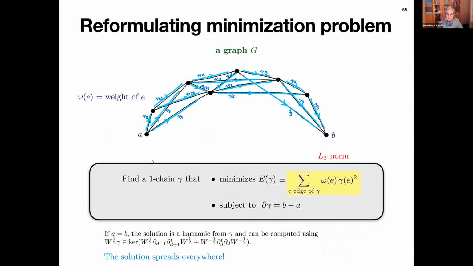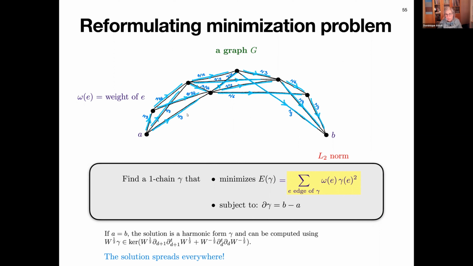So now we have transformed our problem into finding a one chain that minimizes the Delaunay energy. We are considering a weighted ℓ2 norm here first, expressed by this, under the constraint that the boundary of this one chain is B minus A. If we take the ℓ2 norm, then in fact we are computing a harmonic form, and it is known that the solution will spread everywhere.